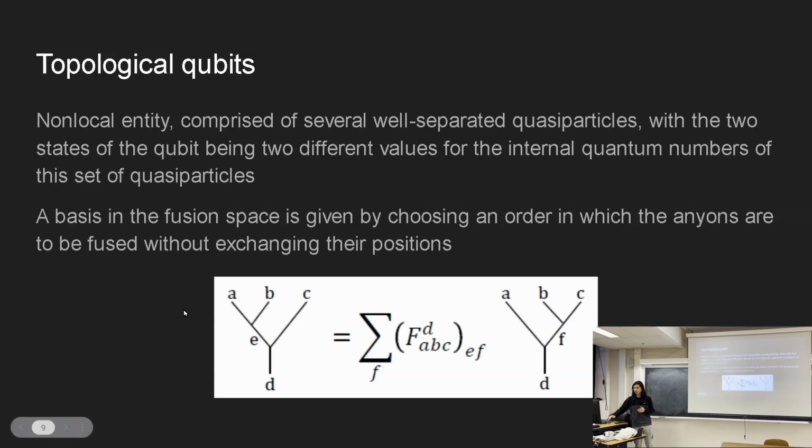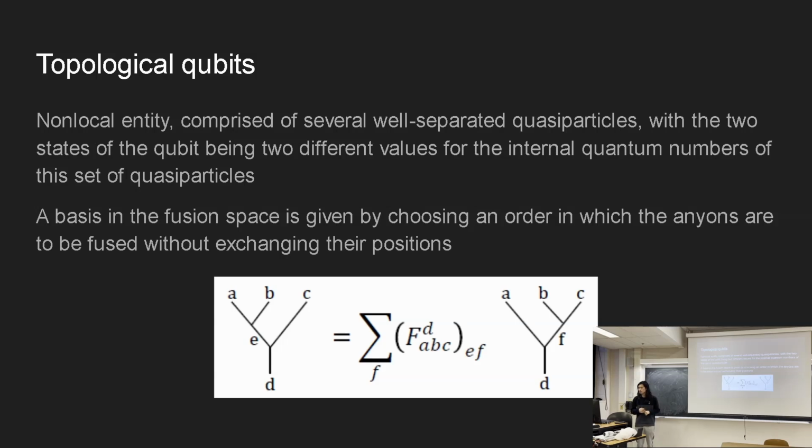You can have A and B fusing into E, and then C and E fusing into D. You start with the same set of anyons and end up with the same outcome, and in the middle, the different ways that they fuse make up the qubit itself. This isn't a local property, it's a global property, which means that it's not sensitive to local perturbations, meaning it's not very sensitive to noise.